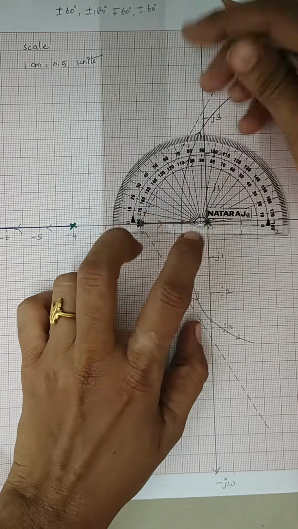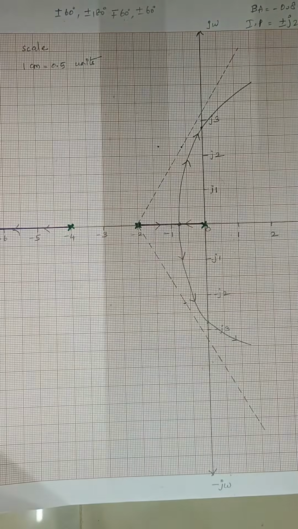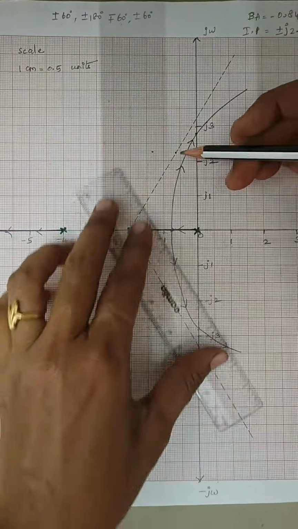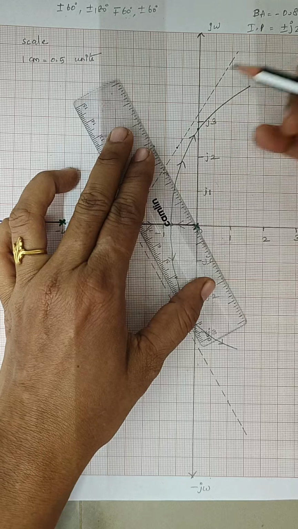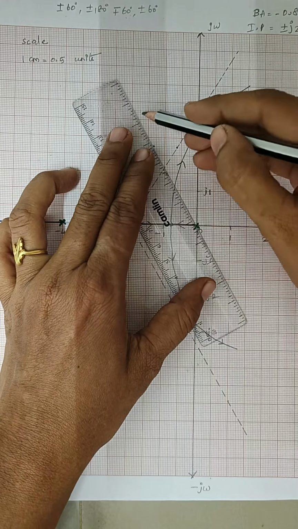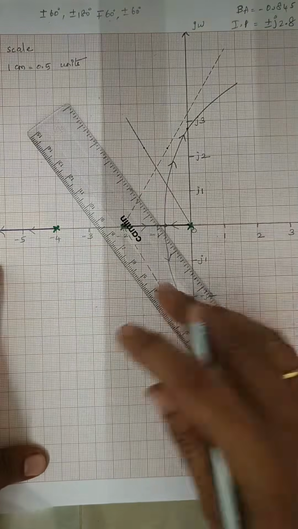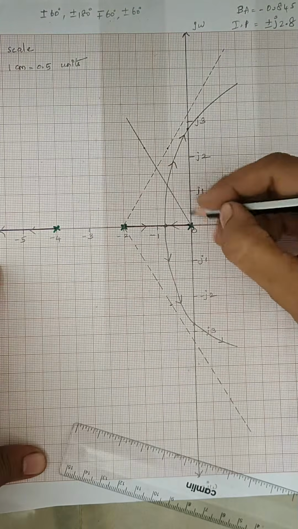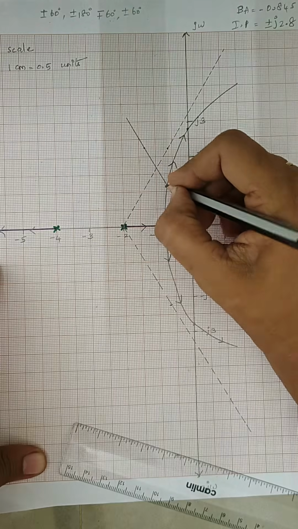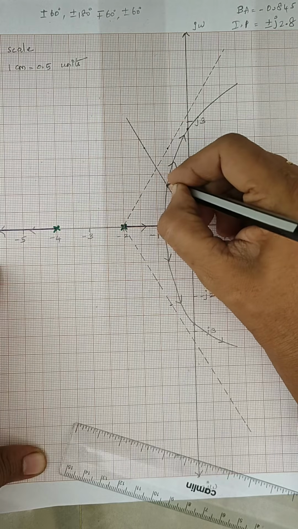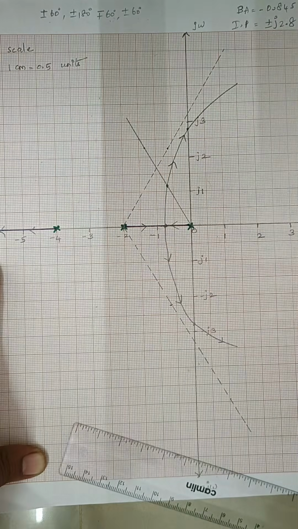After marking that point, draw a line from the origin to this point. Right. After drawing this line, you see our line intersects the root locus at a particular point and this point is said to be the dominant pole.